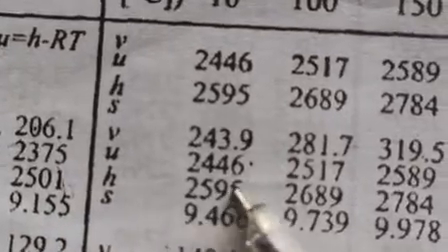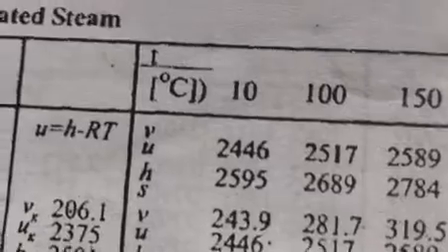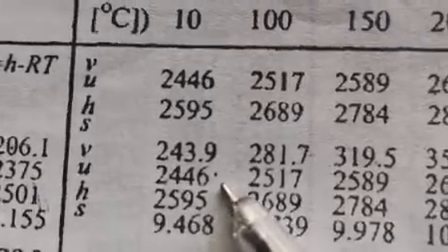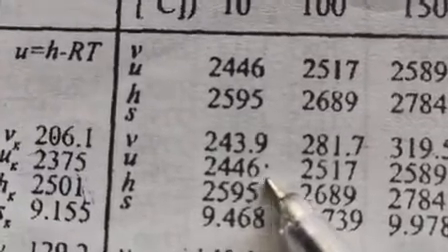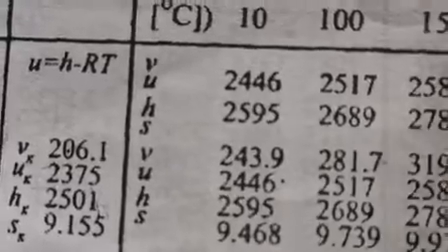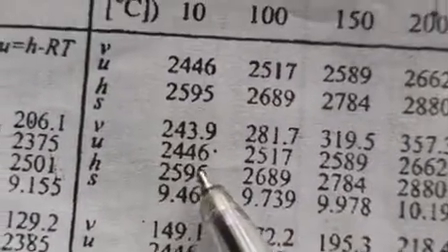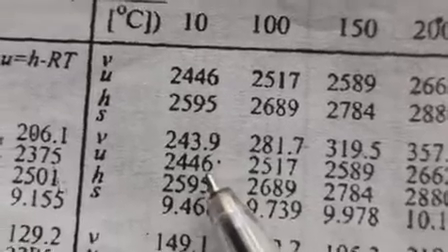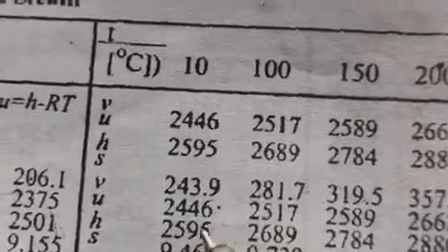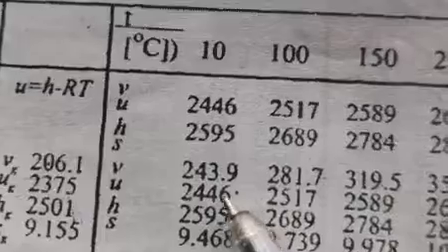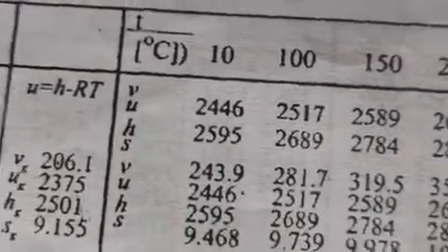So there's 24 here, 2446. Okay, and here we're looking for 2446.5. So it's obvious that 2446.5 actually lies between this and this.